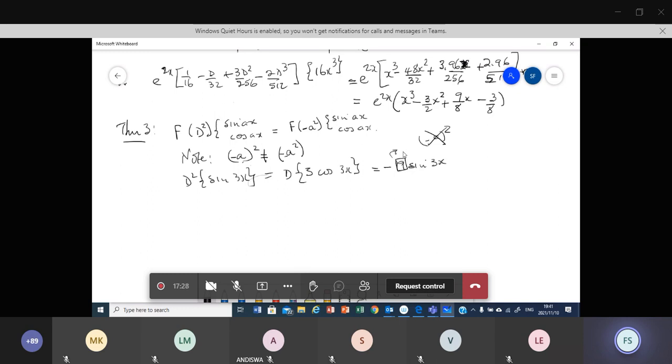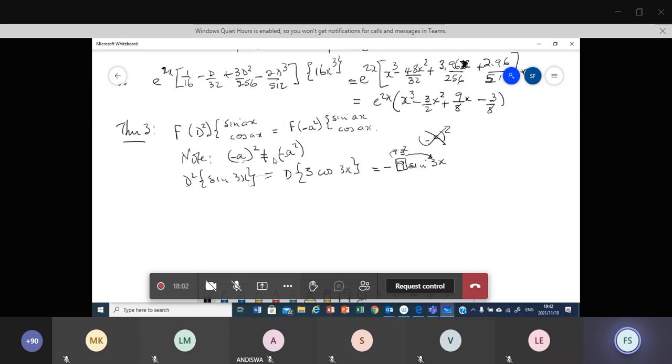Now this a is 3 squared. So it simply says that you will go back to the original function once you have differentiated it twice. But the coefficient will be squared with a minus in front. That is all it says. But note that minus a all squared is not the same as minus a squared. So this will always be negative. That one there will always be positive.